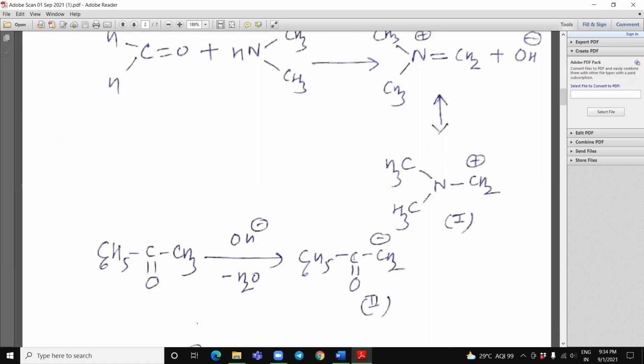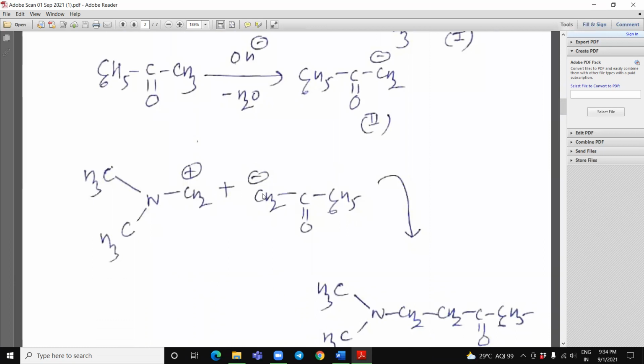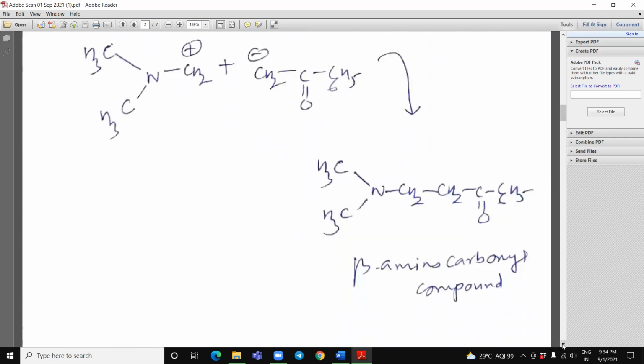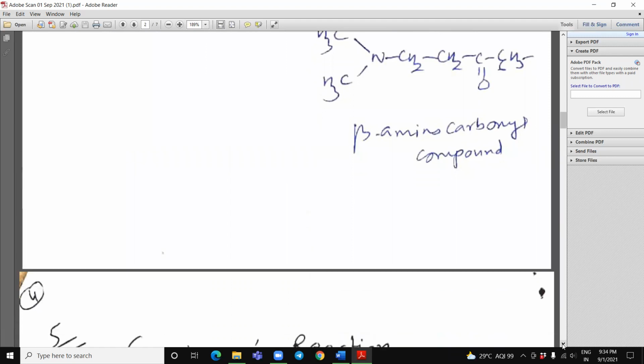It will react with this anion, which is formed from another molecule of acetophenone by abstracting a proton. This carbanion obtained reacts with the carbocation and forms this beta amino carbonyl compound, which is known as the Mannich base.